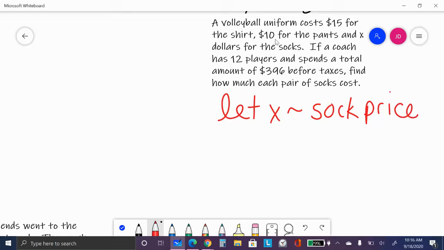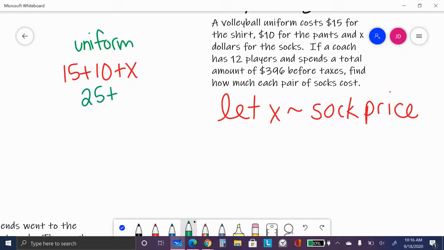Now, we're trying to find the cost of a uniform as well, right? So the volleyball uniform costs $15 for the shirt, so we have 15 plus $10 for the pants and plus X for the socks. That's the cost of one uniform. And look at this, we can actually simplify this by combining like terms. 15 plus 10 is 25 plus X. So that's the cost of one uniform.